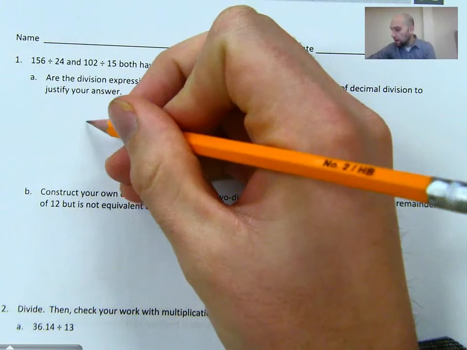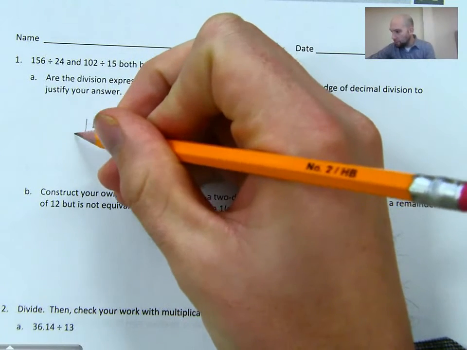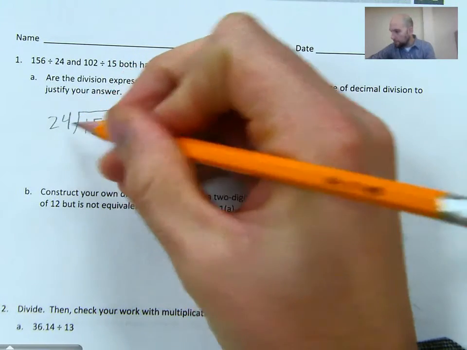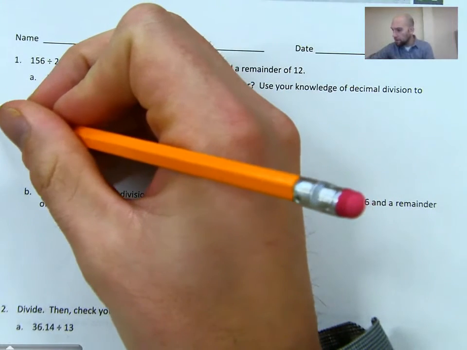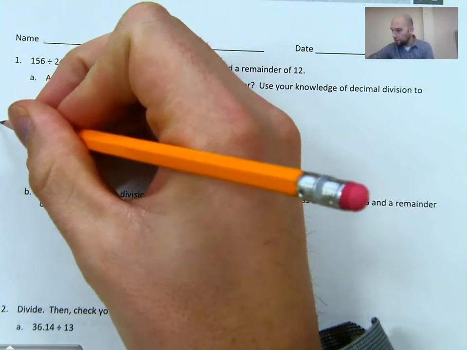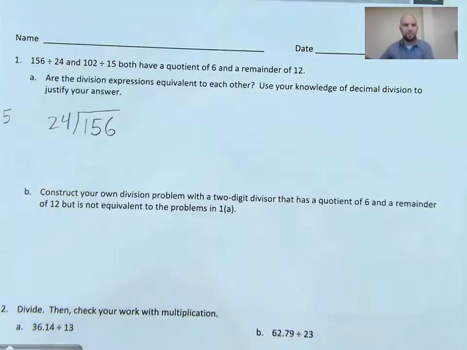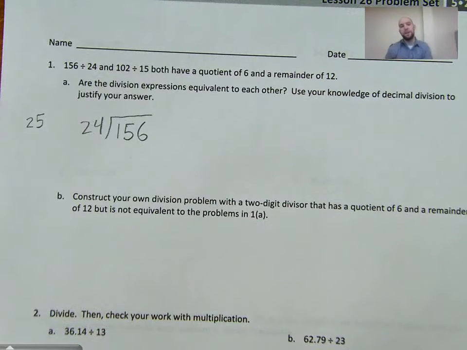So let's start with 156 divided by 24. Just for the sake of making things easier, we'll round that 24 to 25. 25s are pretty easy to count by, because it's the same as counting quarters into dollars.